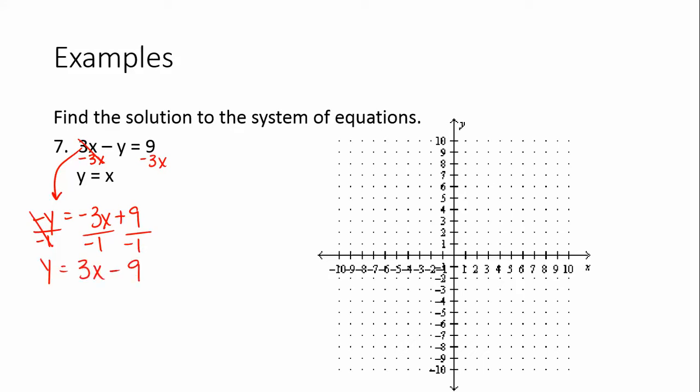So when I go to graph, I'm starting down here at negative 9 and I'm going up 3 and over 1 in the positive direction. This line has positive slope. So then I want to connect my dots, try to make it straight. Some of you like to use a ruler, that's fine.